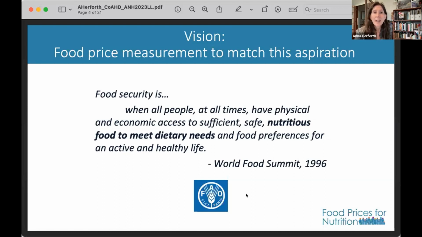But it still hadn't captured this full definition because it was missing an indicator around nutritious food to meet dietary needs. And we wanted to be able to shift the mentality and conversation around food security to really reflect this full vision and not only calorie needs.